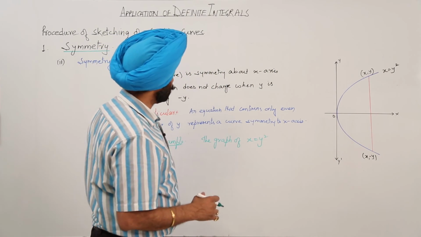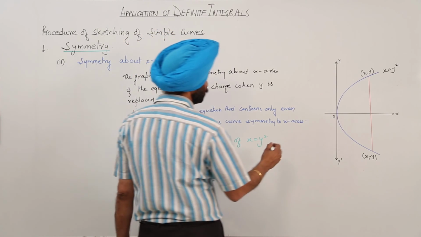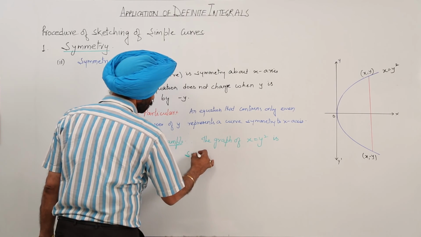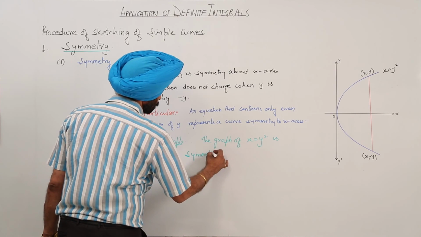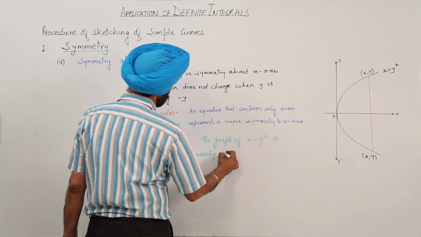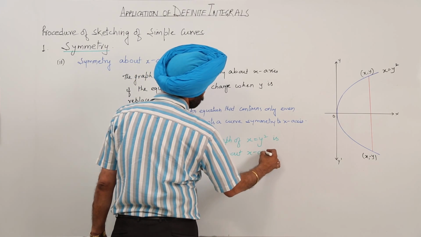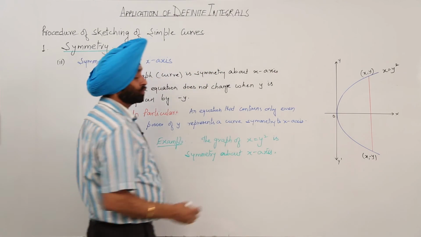Okay, so the graph of x is equal to y square is symmetric about the x-axis. So this was the second point.